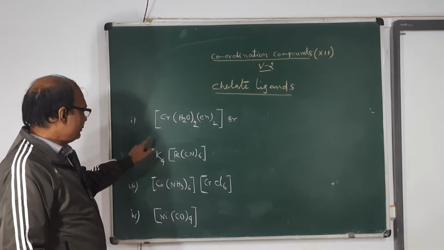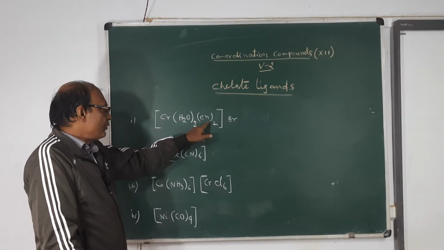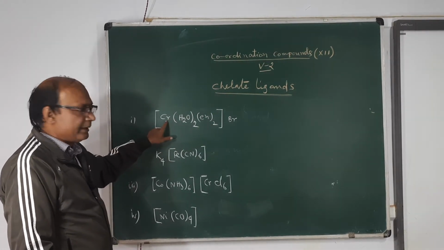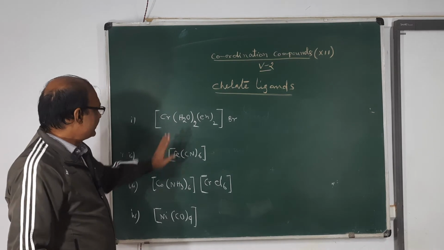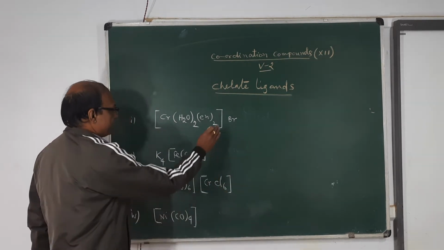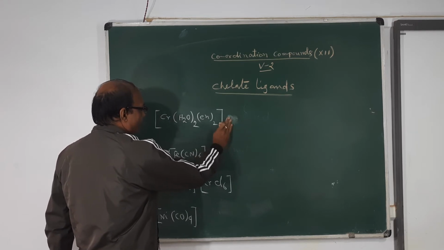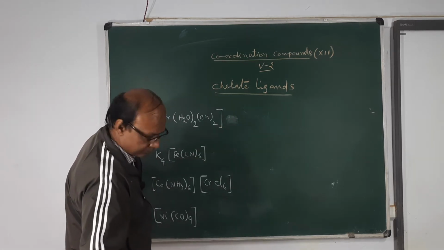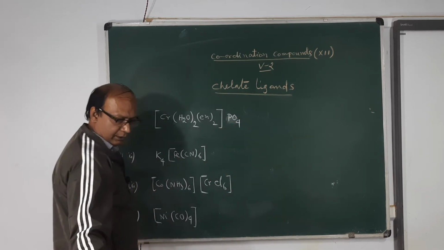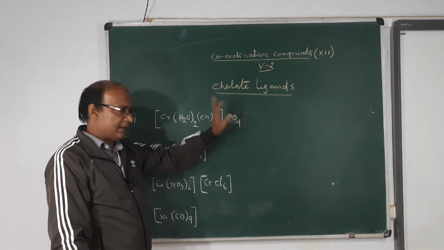So I am telling you, in this case, the coordination number is 2 into 2 plus 2, that is 6. The oxidation number of chromium is +3, since PO4 is -3.